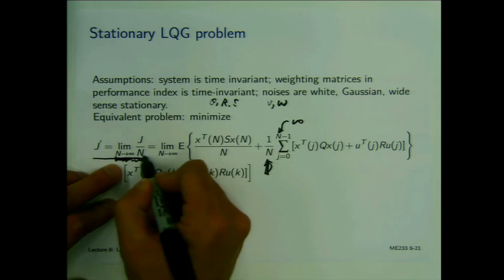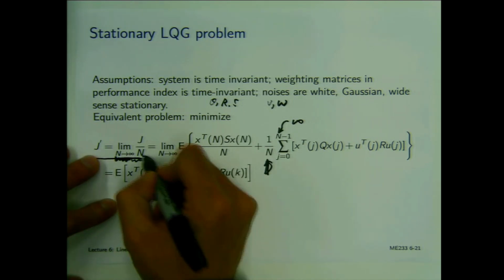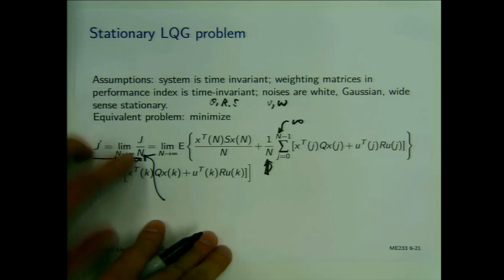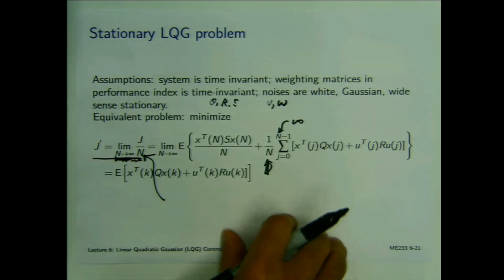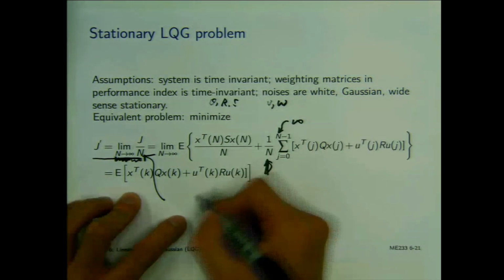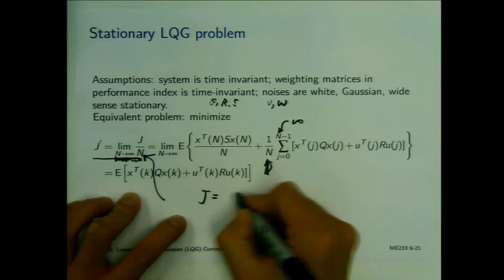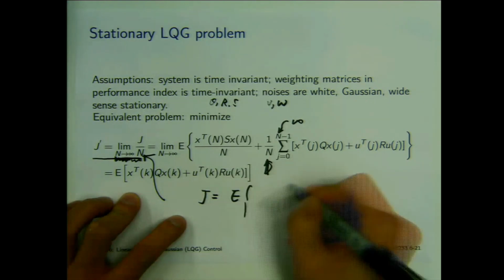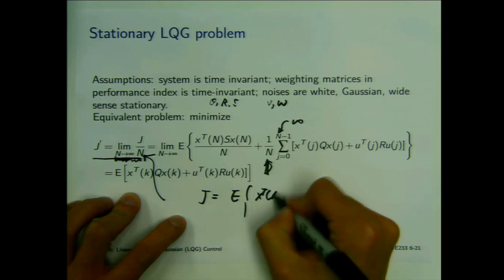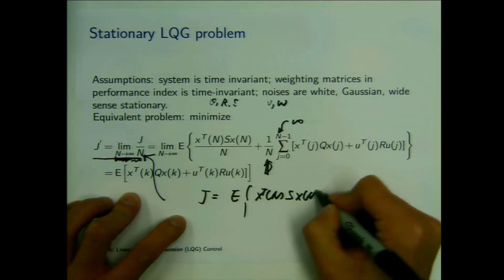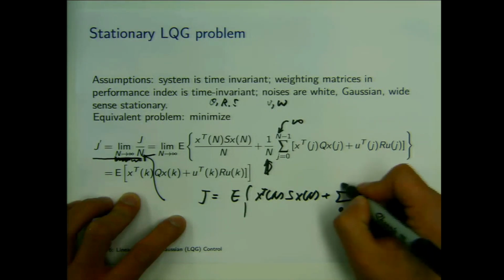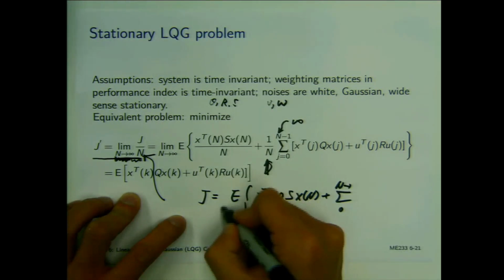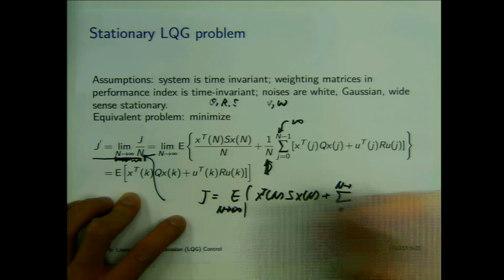We put a scalar gain in the cost function. We divided the cost J by N, and this N is going to infinity. This is because, think about the regular case: J equal to expectation of x transpose N S x N plus the sum from 0 to N. If this N is going to infinity.